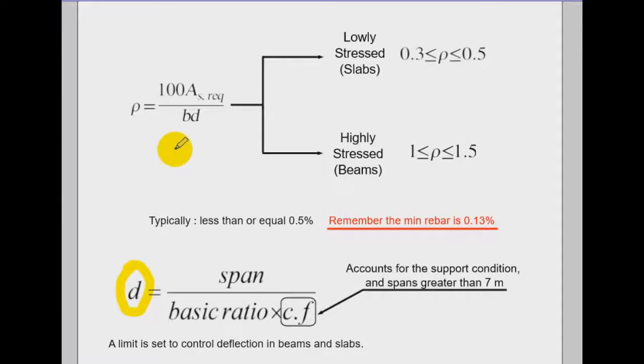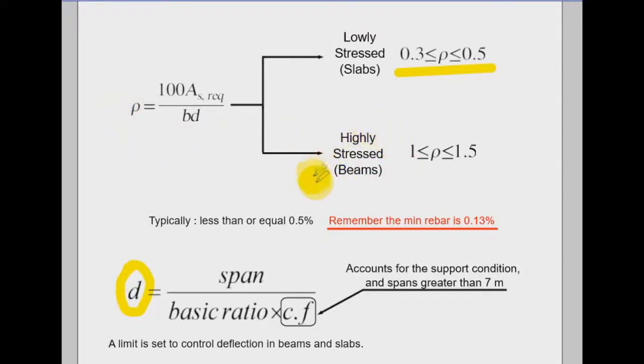The rho here is the percentage of steel in a cross section of a slab or a beam. Usually when you are dealing with slabs, the stress is quite low, so the percentage of reinforcement is quite low as well. It is 0.3 up to 0.5%. That's the rho, the percentage of steel in a cross section.